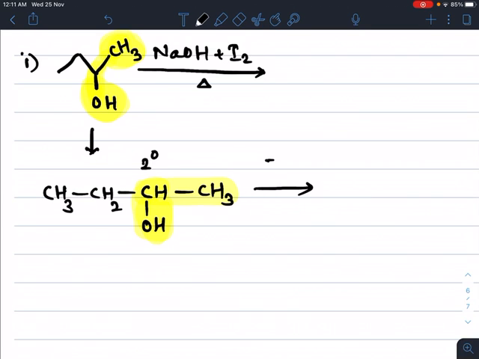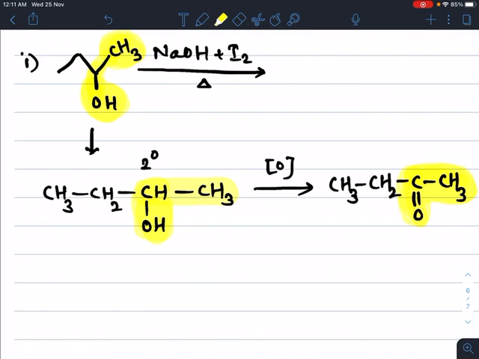When a secondary alcohol undergoes oxidation, it gives its corresponding ketone. CH3CH2 remains as it is, the CHOH group is converted into CO, and finally it is converted into the ketone butanone, and this butanone contains the CH3CO group.